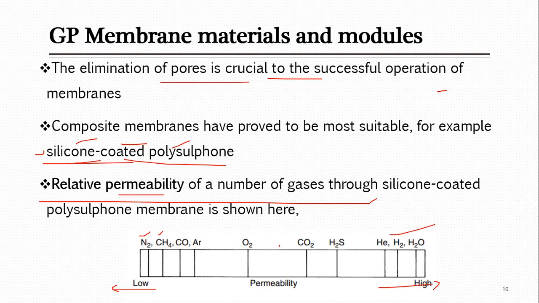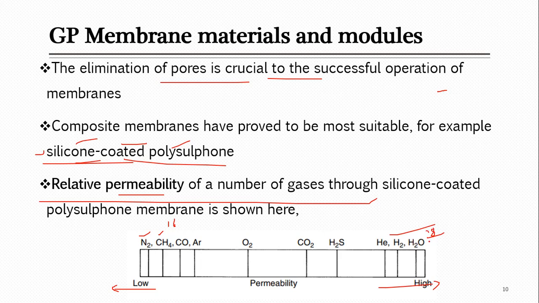From here, one thing you can also notice: just look at this water molecule. If you compare its molecular weight with CH4, they are quite close to each other, 16 and 18.